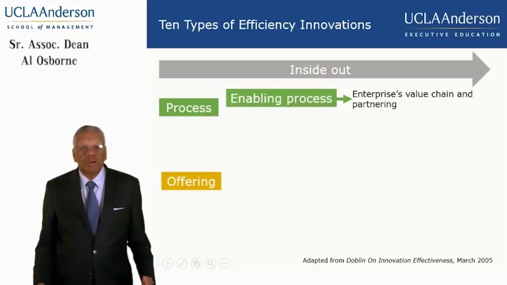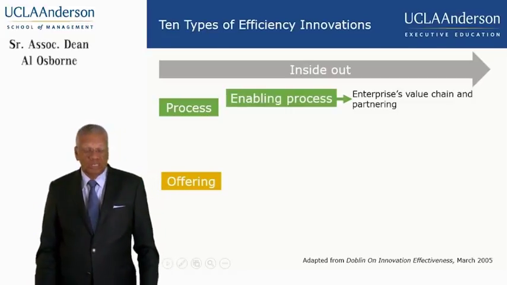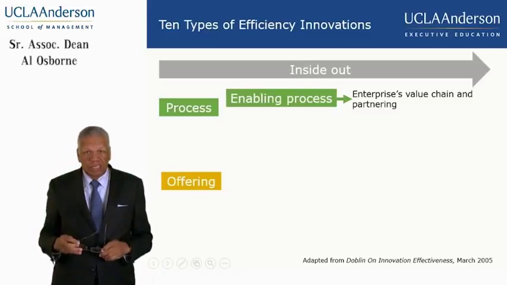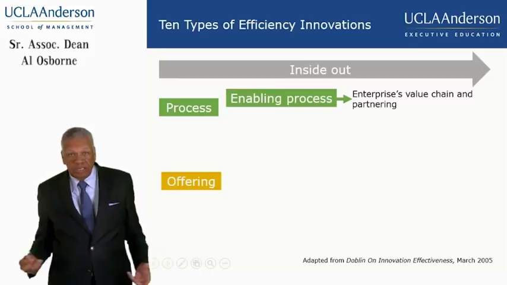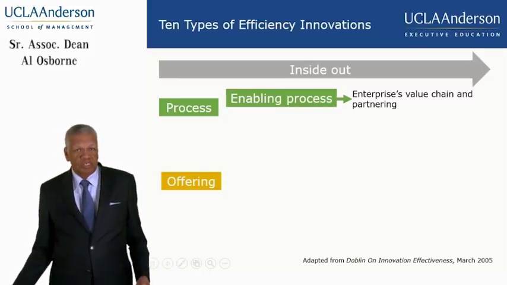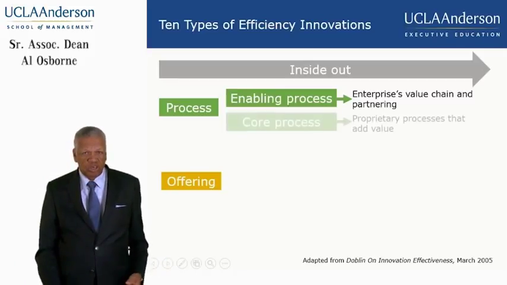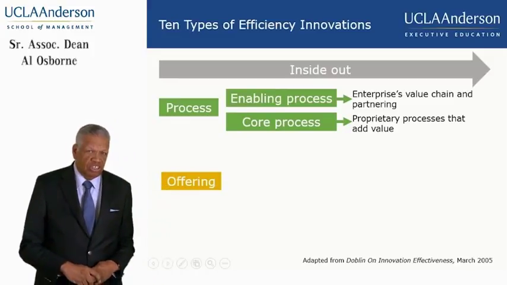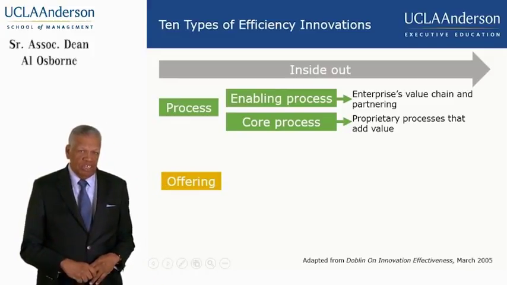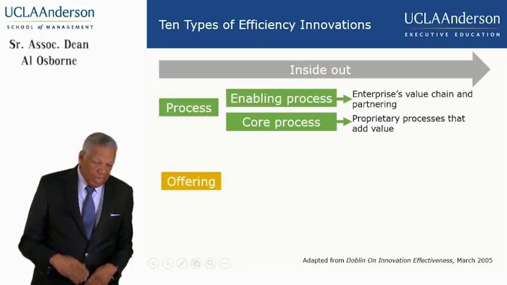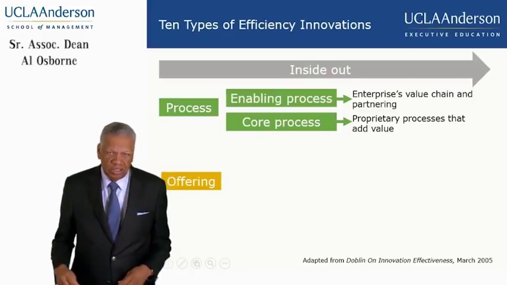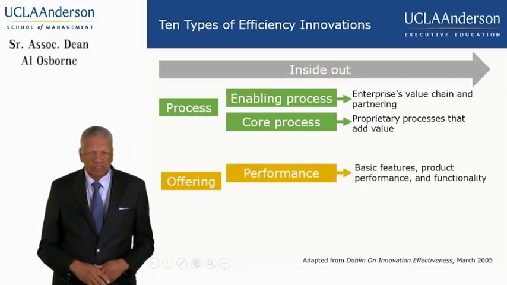The ones that enable the process to be lower cost, and this is entering the value chain, as a result of perhaps partnering that might enable others to facilitate in the process and lower costs. Core processes, this is using technologies that improve the proprietary nature that will add value to the ability inside the organization to improve the process.